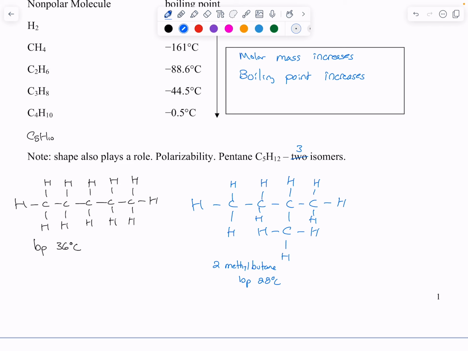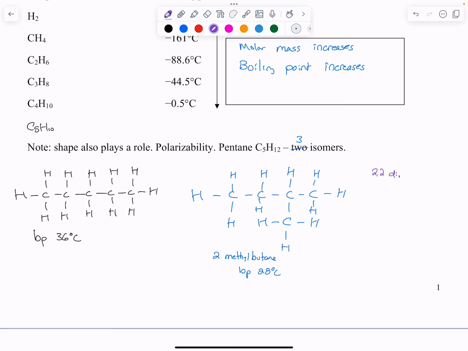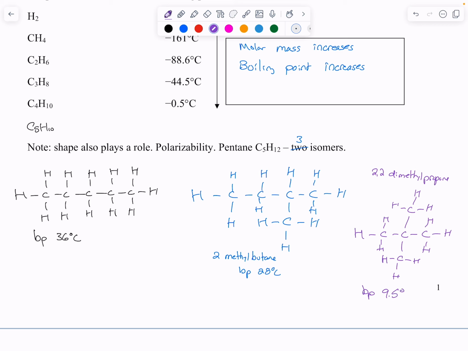We could even do it a third way, called 2,2-dimethylpropane, where you have only 3 C's across, and then a C here with the H's, and a C down here with the H's, so it's still the same formula, except this has a boiling point of 9.5 degrees, and that's more of a compact ball.